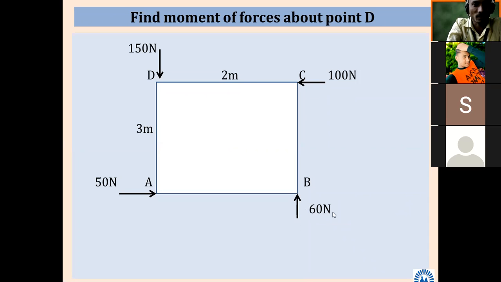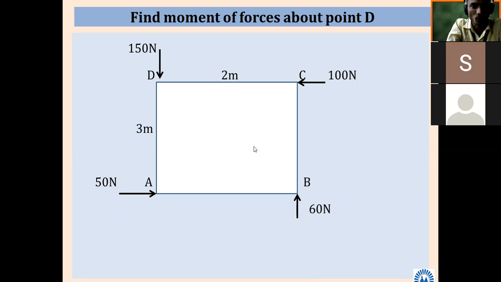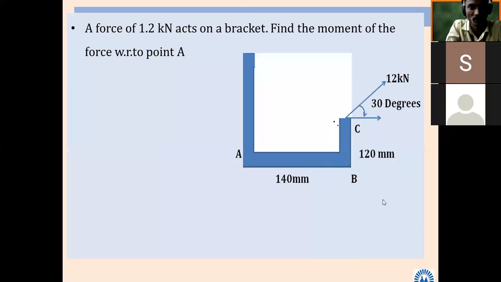In the previous cases, the forces were either horizontal or vertical. But what is the change in this problem? The force given in the problem we are going to solve right now is neither horizontal nor vertical. It is an inclined force.